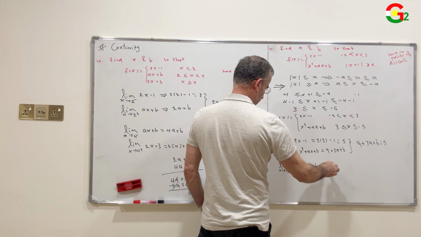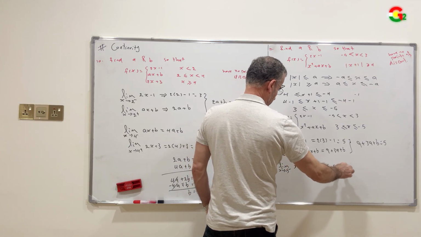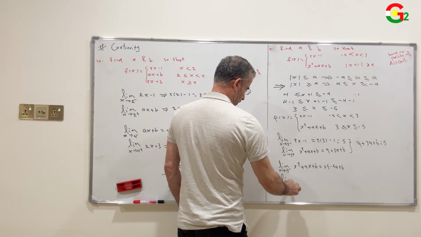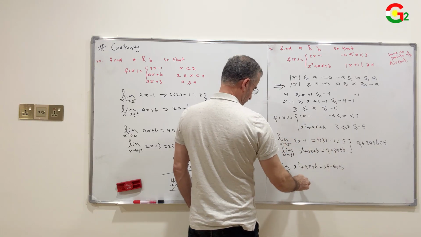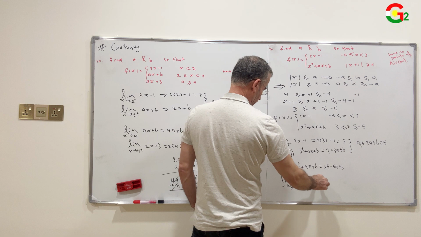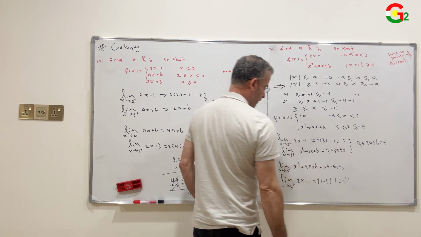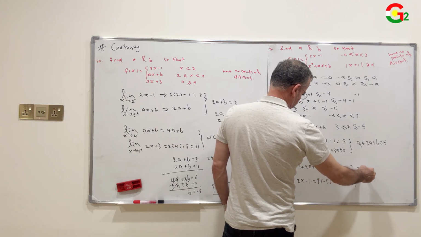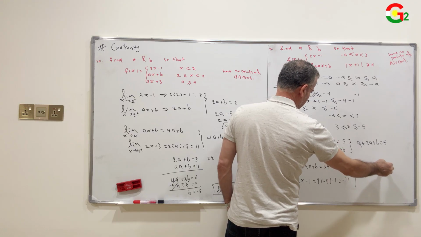Negative 5 squared, 25 minus 5a plus b. And the limit when x approaches negative 5 from the right, when x is greater than negative 5, the function is 2x minus 1. 2 times negative 5 minus 1, it is negative 11. And 25 minus 5a plus b should be equal to negative 11.